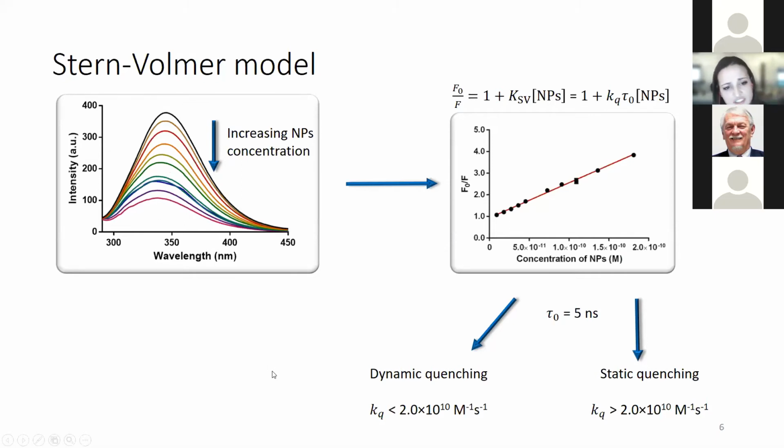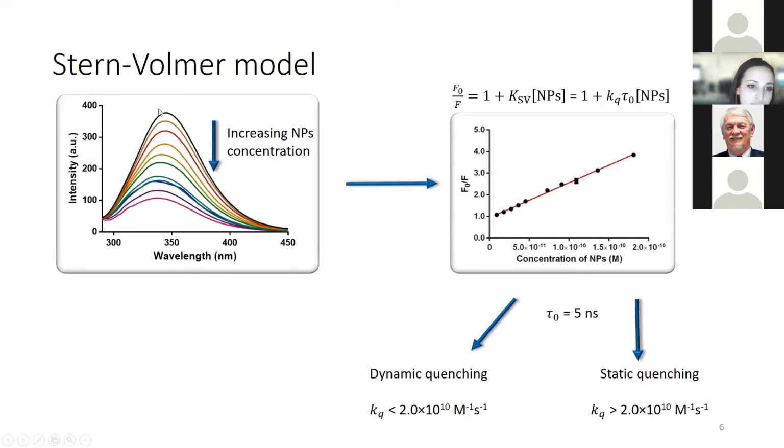What is important is that you can have two types of quenching. The first one is static quenching, which happens due to the formation of a non-fluorescent complex in the ground state between nanoparticles and proteins. And the second type is dynamic quenching, in which one molecule transfers energy to another one in the excited state.